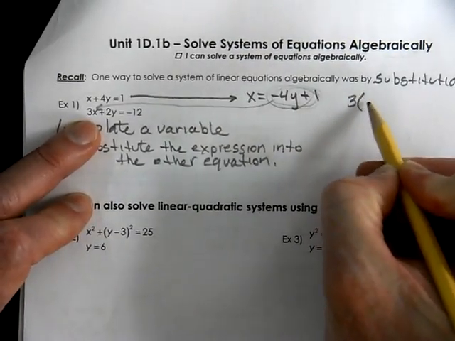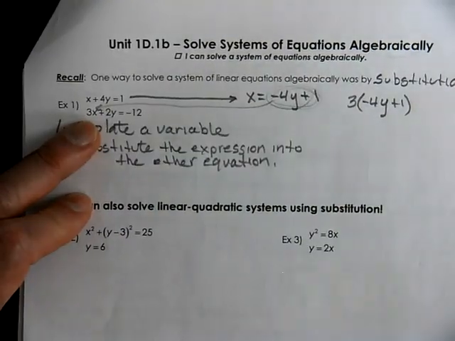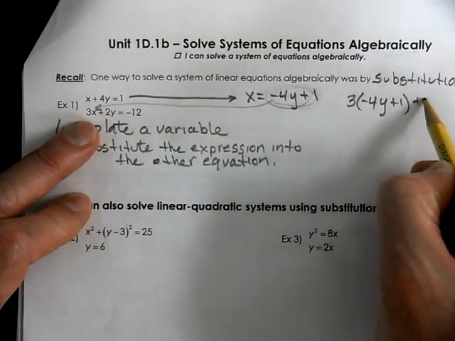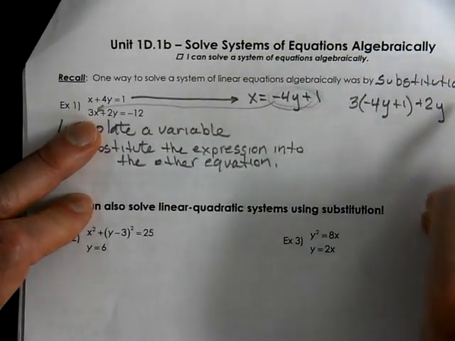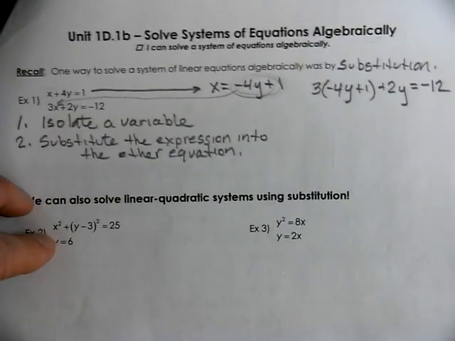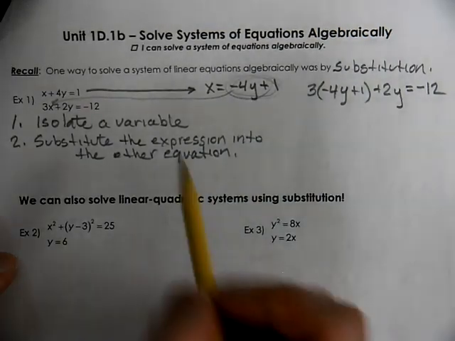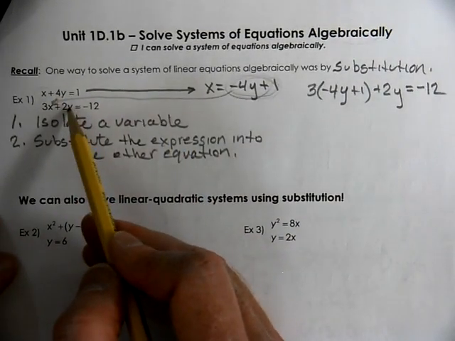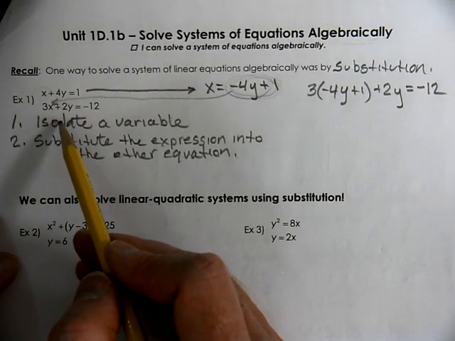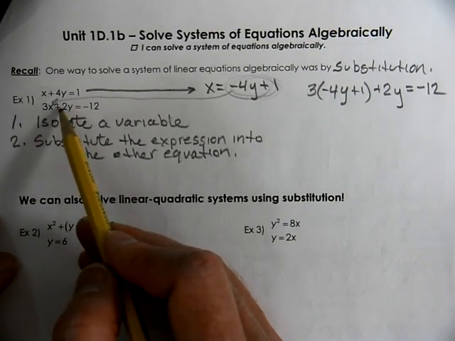So 3 times x, which is negative 4y plus 1. Then we add 2 more y's, and that should give us the value of negative 12. We started out with 2 equations because we had 2 variables. You've got to have 2 equations if you're given 2 variables.